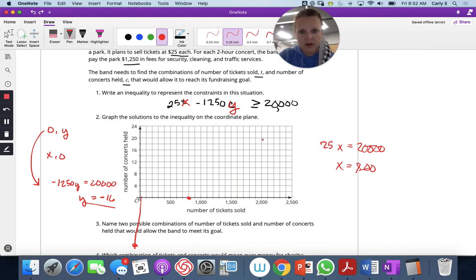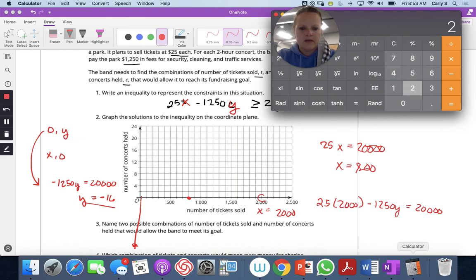So I'm going to figure out what is the y value when x equals, let's do 2,000. So 25 times 2,000 minus 1250y equals 20,000. Okay, I should have grabbed my calculator. 2,000 times 25, 50,000.